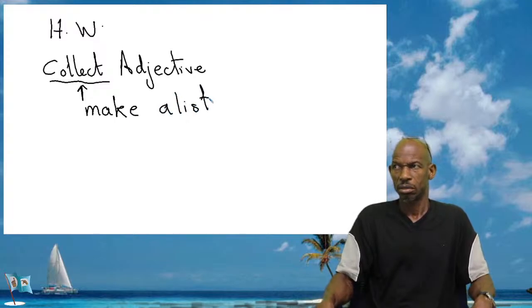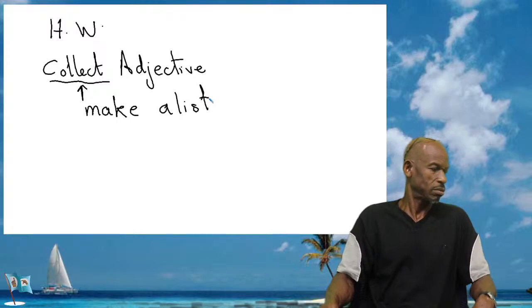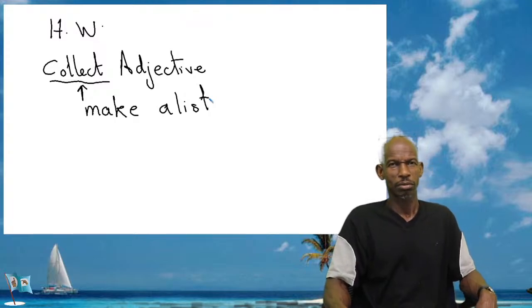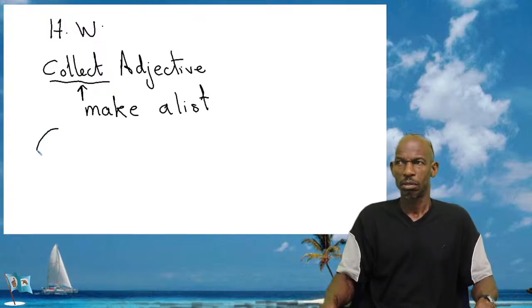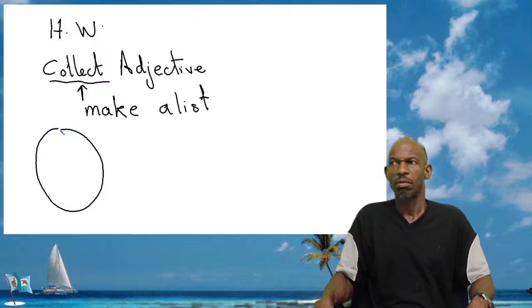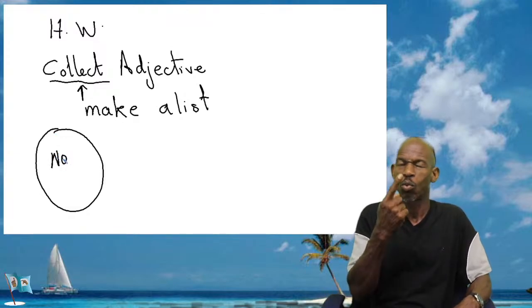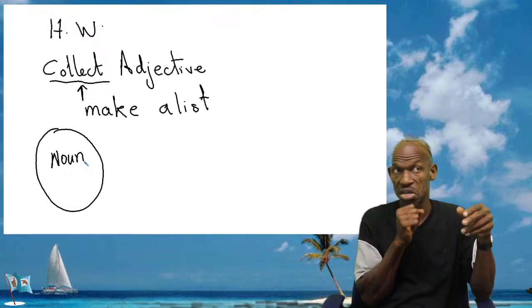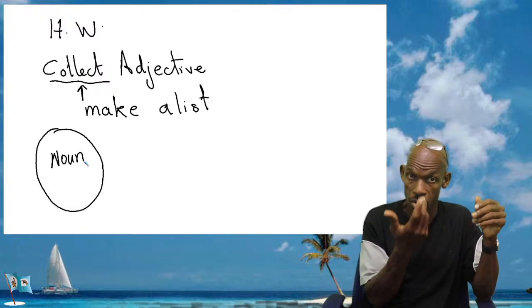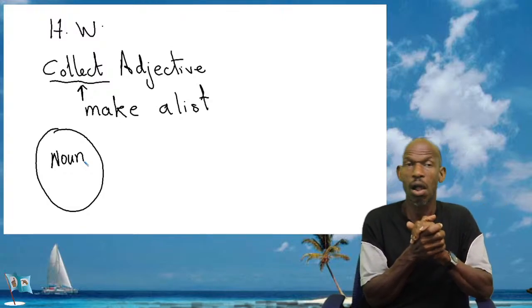And I just want you to get one noun. If it's a picture, get one noun. Just find any noun around you, whether it is on the television or whatever.